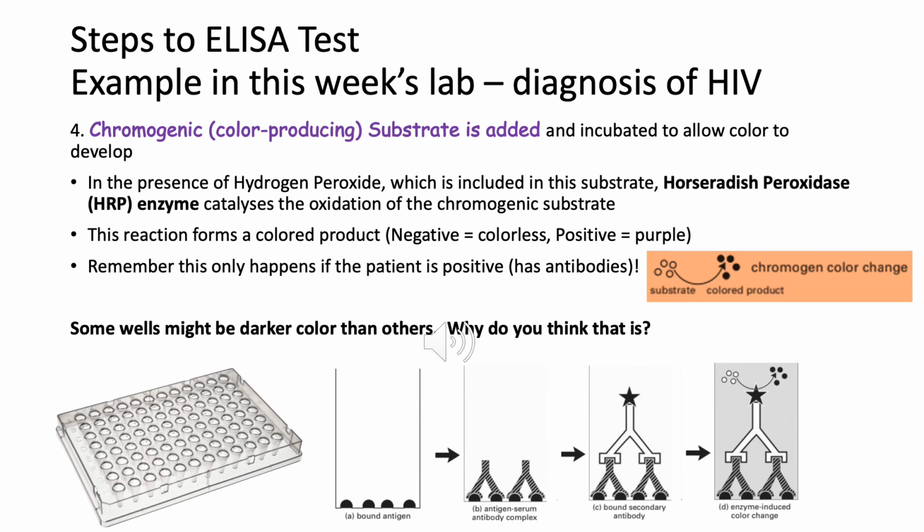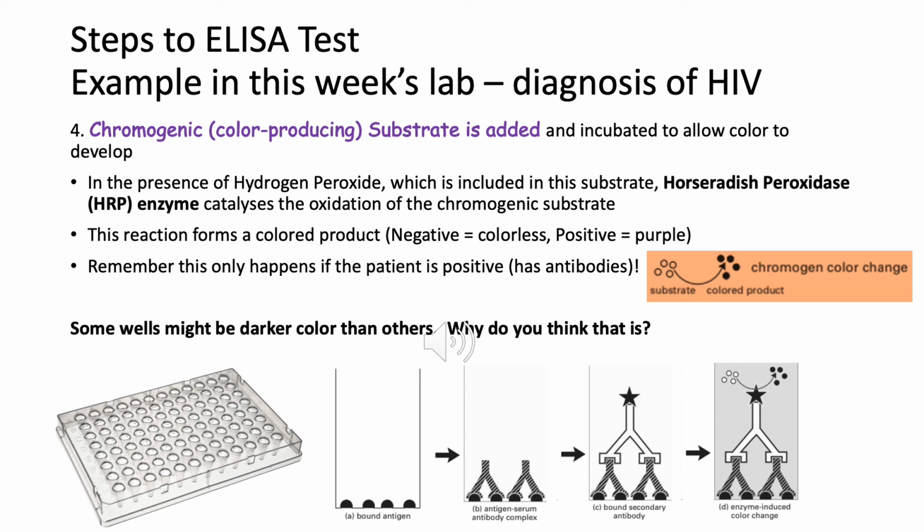So I told you in that third step that the secondary antibody has this enzyme attached to it that's represented by that star, the horseradish peroxidase enzyme. And this fourth step here gives that enzyme something to do. So the fourth step is a chromogenic or color-producing substrate is added to the wells, and it's incubated to allow color to develop.